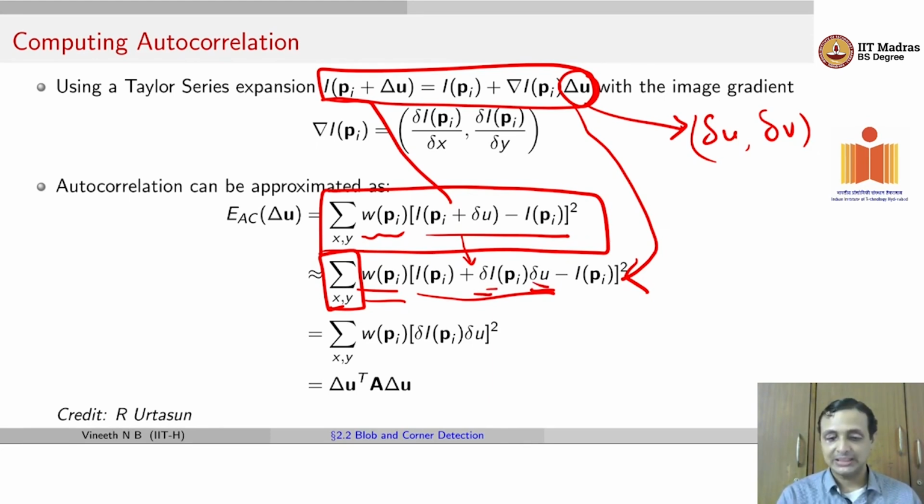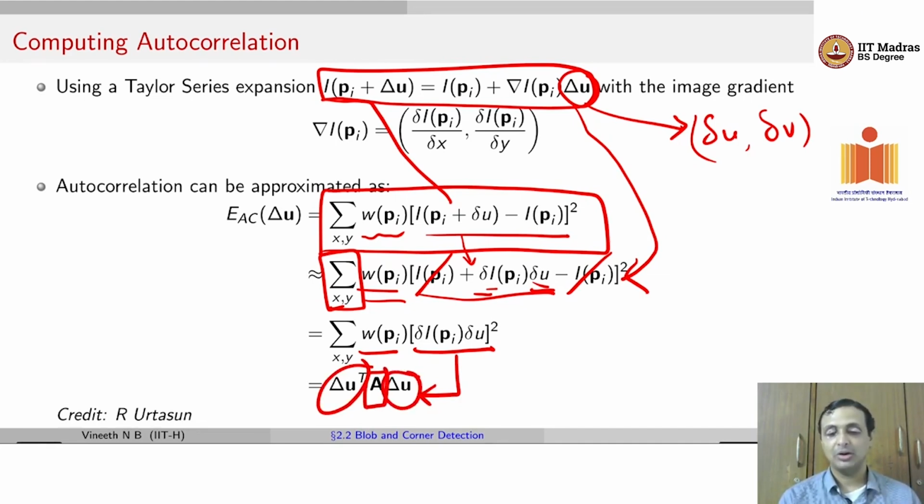Once you have this, you can see that I of pi and I of pi get cancelled, and you're left with summation over x, y of W of pi times dou I of pi dou u, whole square. And we're going to write that as a quantity delta u transpose a matrix A times delta u.